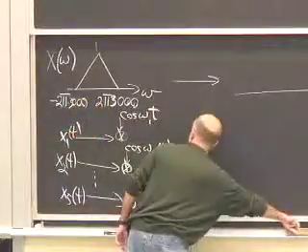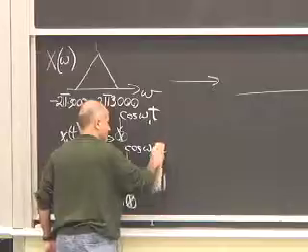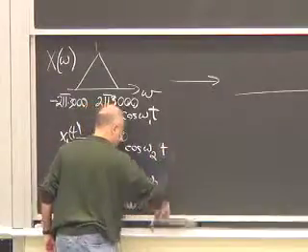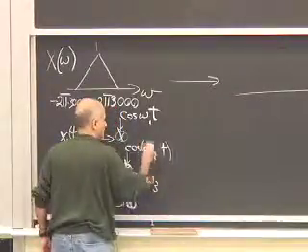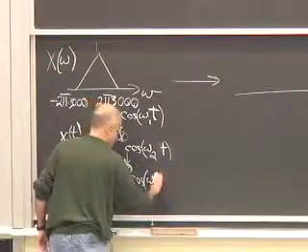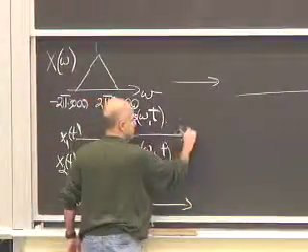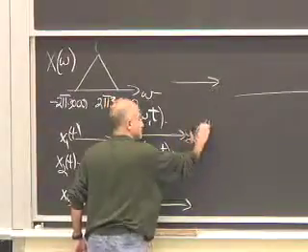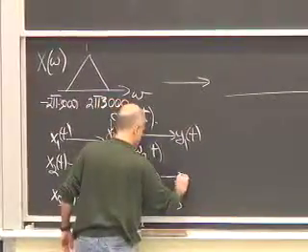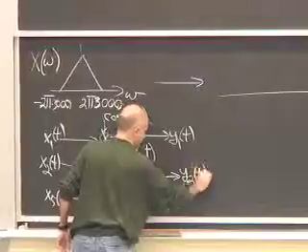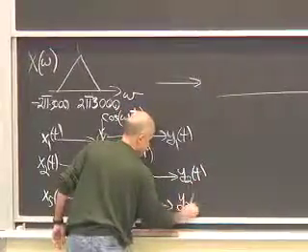Why am I putting parentheses here? So I have corresponding signals y1, y2, and y3.